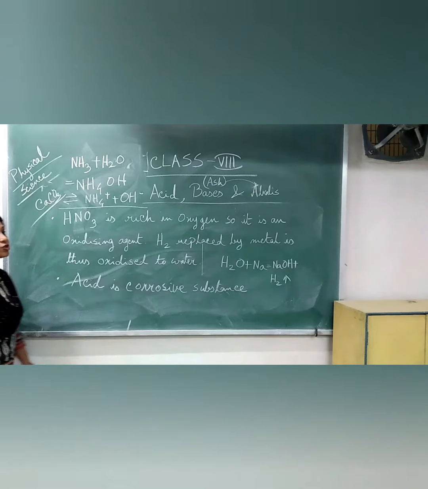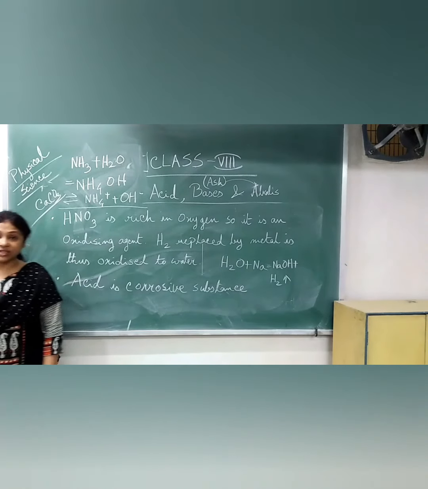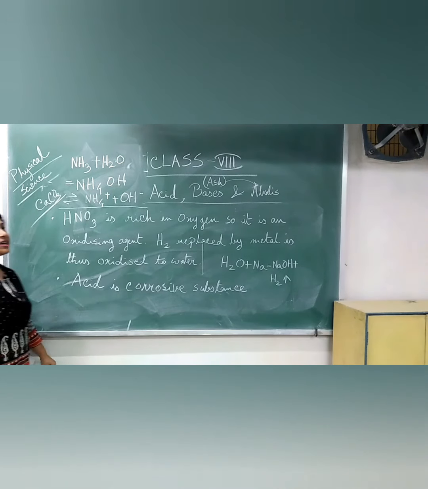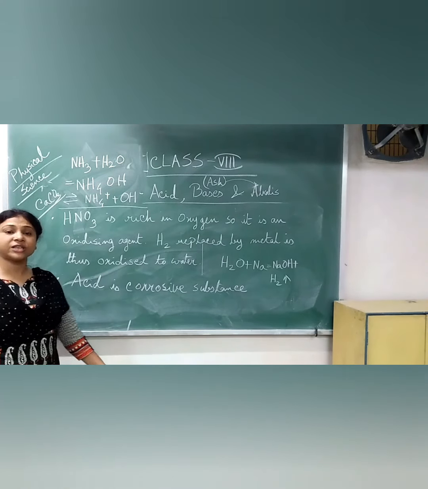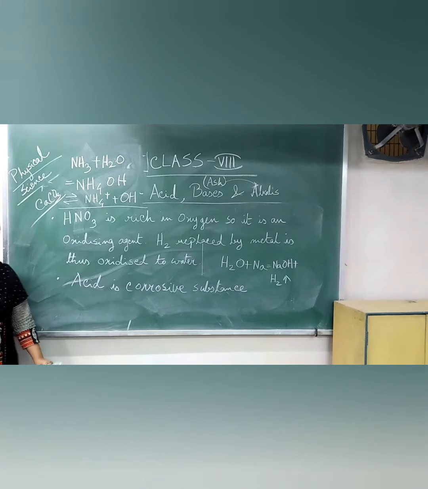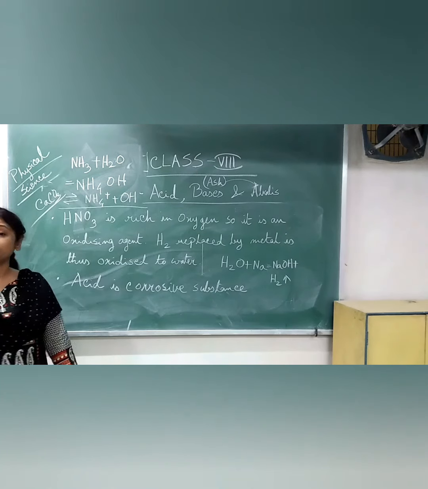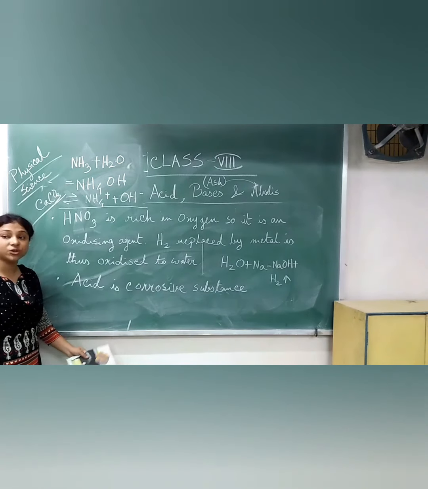Now what actually happens when acid rain or normal rain happens? Because when it rains, obviously carbon dioxide is present in air, so this carbon dioxide reacts with water at the time of raining and forms carbonic acid, that is H2CO3.